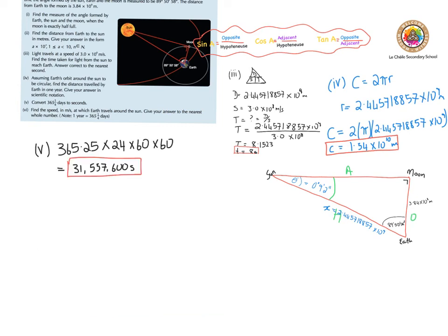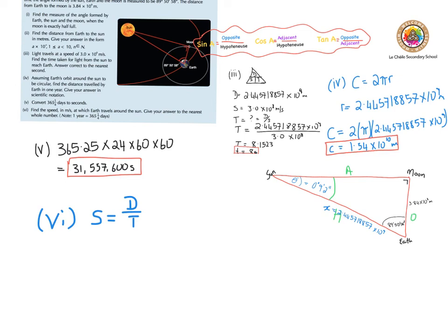Okay, and so in our final part, in part 6, we are asked to find the speed in meters per second at which the Earth travels around the Sun. Okay, and again we know from Dad's silly triangle that speed is equal to distance over time. And again give your answer to the nearest whole number and note 1 year equals 365 and a quarter days.